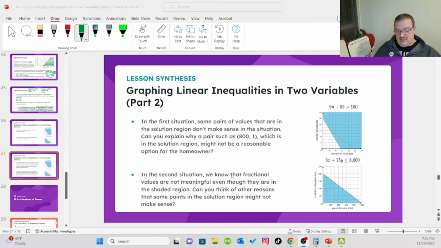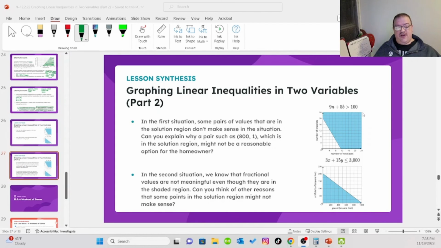In the second situation up here at the top, we know that fractional values are not meaningful even though they are in the shaded region. Can you think of other reasons that some points in the solution region might not make sense? So just because all of these points are in the shaded region doesn't mean that all make sense.